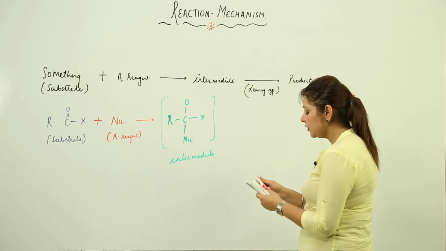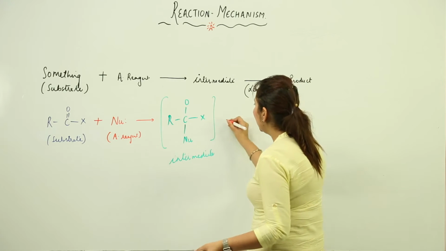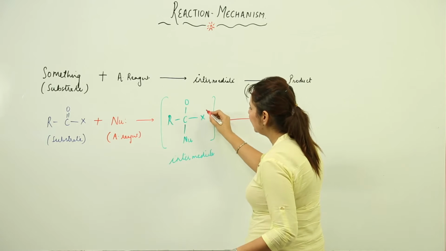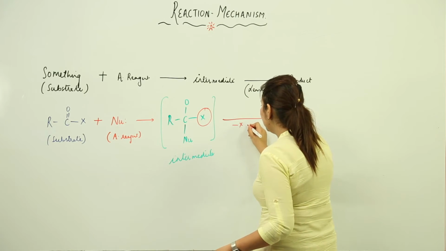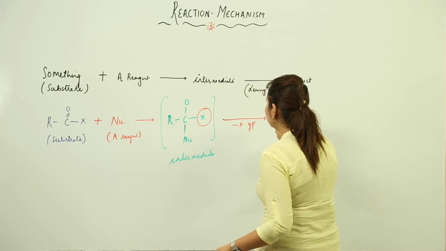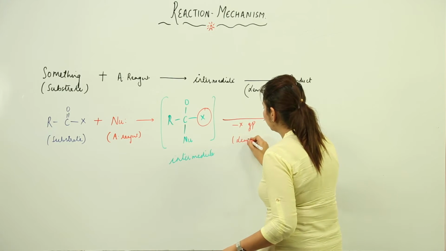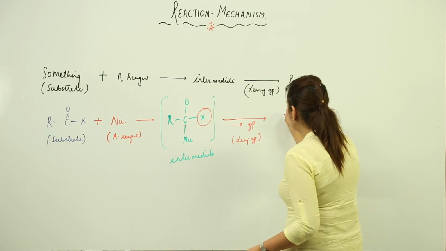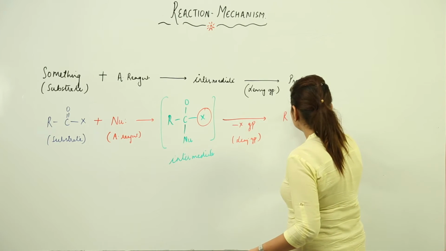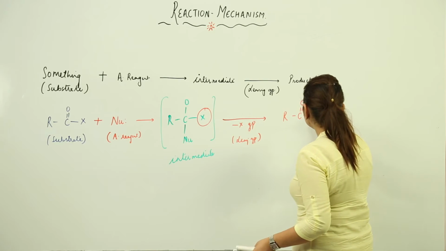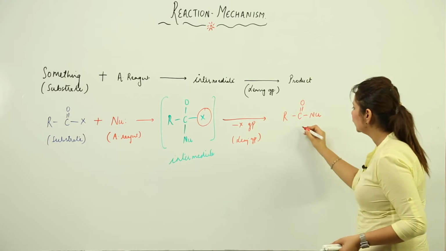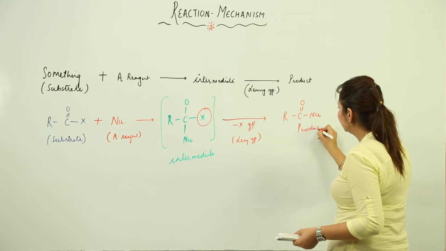Now from this intermediate, something will go off and it will form the product, and what is that which is going to leave? It is the X. So the X group will be leaving. So this is our leaving group, and what we get as a result? The bond again becomes double, and we have this.